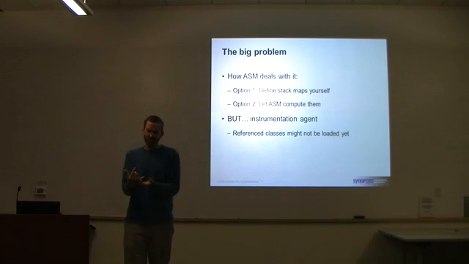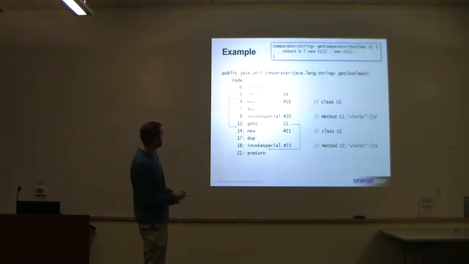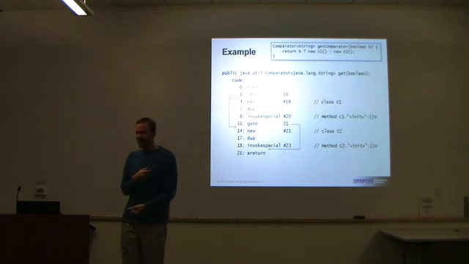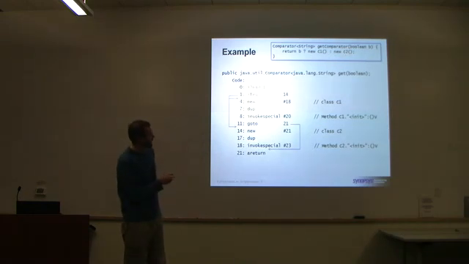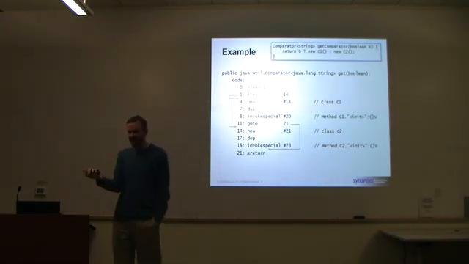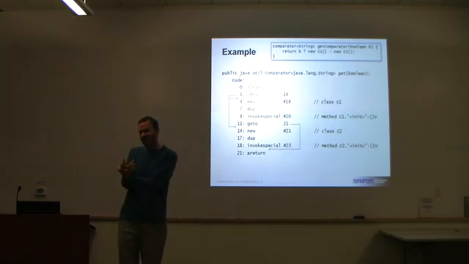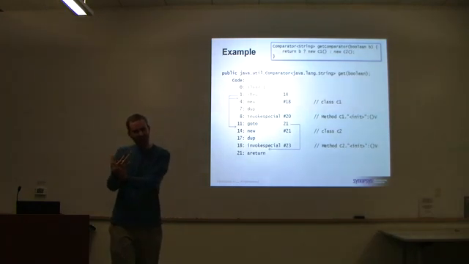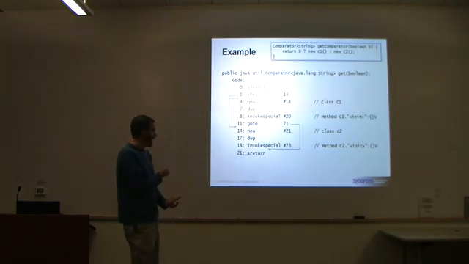The problem is, if I'm loading the code with this method in it, it's not necessarily the case that C1 and C2 have been loaded. So I can't query the type information about C1 and C2 to figure out how do I combine these two to find their common supertype to figure out the stack map information.